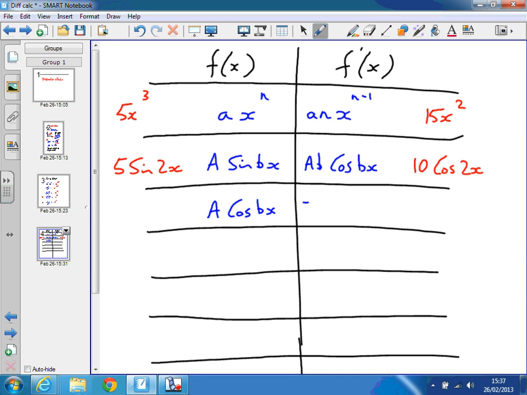Negative ab sin bx. So, for example, 6 cos 3x. Bring the 3 outside, multiply it by the 6 to get 18. It becomes negative 18 sin 3x.